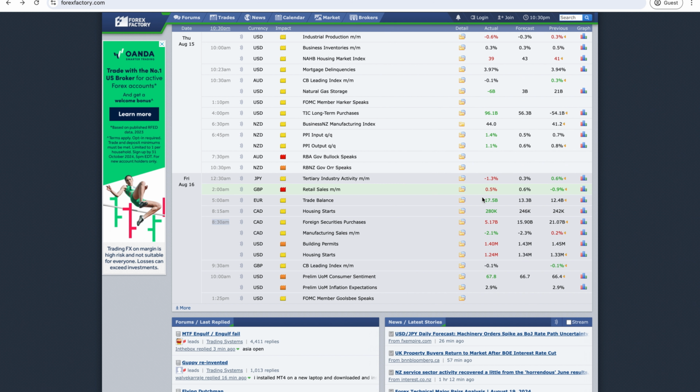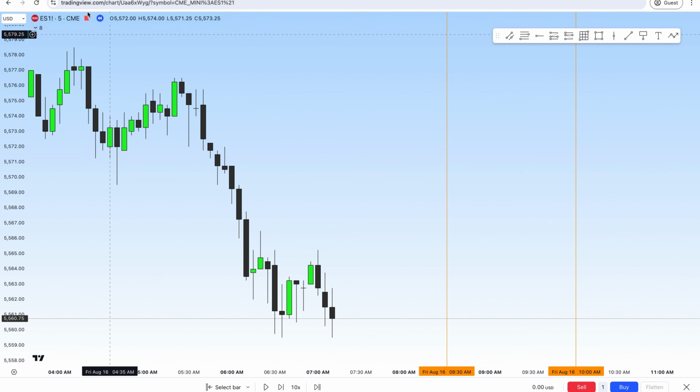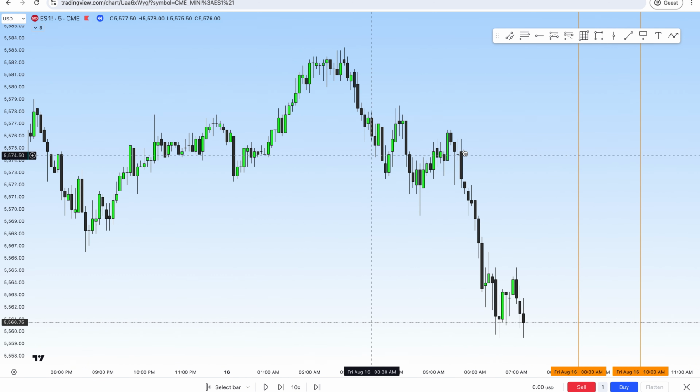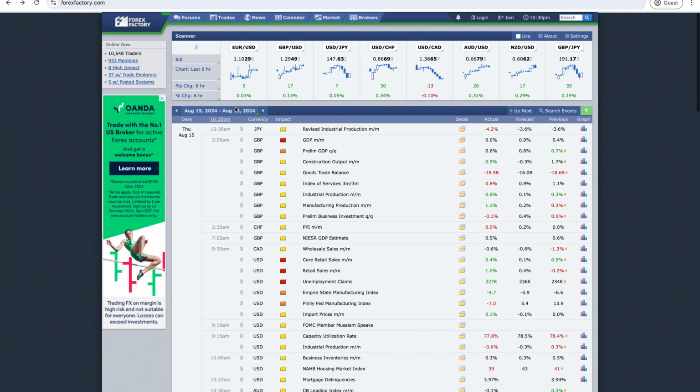Again, this is actually my first time looking on this side of the screen. I never look at any of that. None of that means anything to me. I looked at what news events were coming out and what time they were going to happen, or I physically marked them on the charts. And the thing about these news events is that you could mark them out weeks in advance. These are all scheduled.